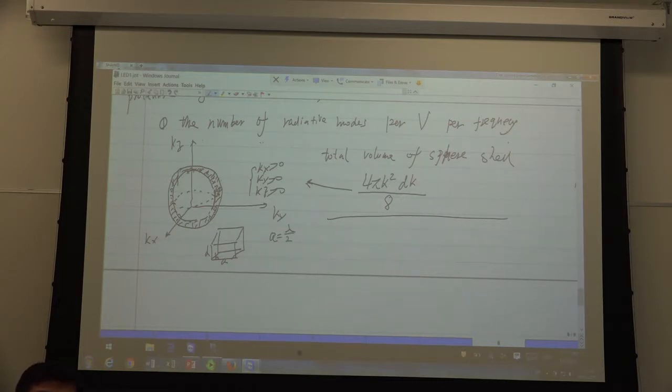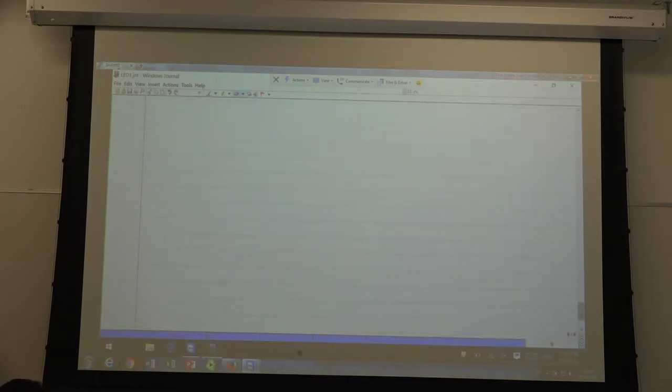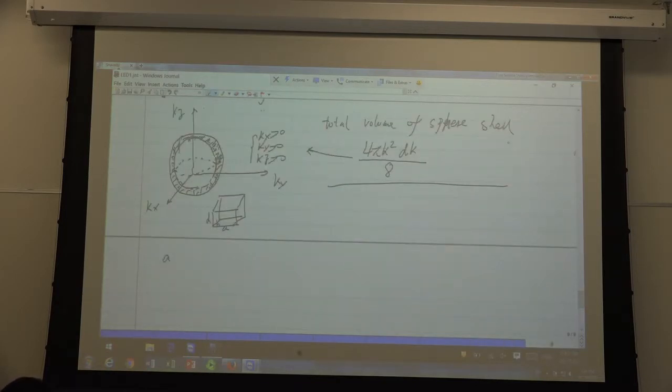So here I derive lambda equal to 2a. So a equals half wavelength, so lambda equal to 2a.